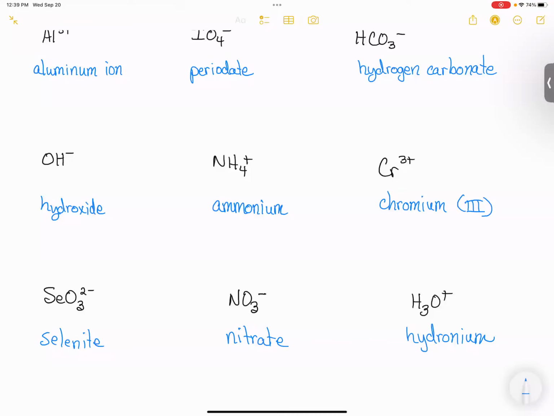If I were to take this apart, the reason it's called hydronium is you have hydrogen mixed with water. And so that's how it comes to be. Next question.